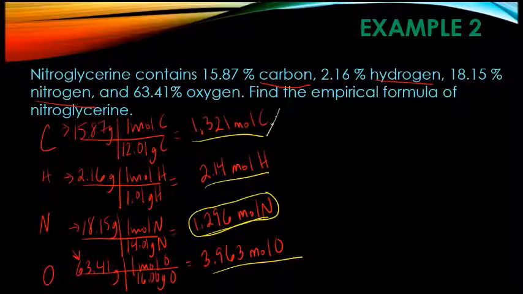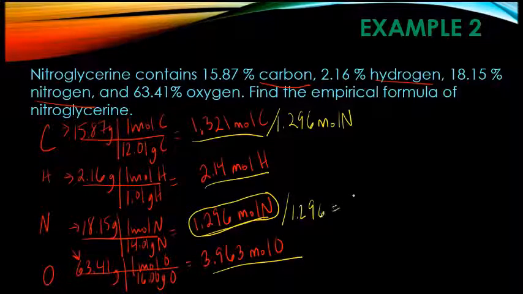So I'm going to divide every single one of these by the nitrogen mole amount. So this one obviously, when you divide it, is going to be a whole number of 1. So we divide these out all by the 1.296. Don't really need the N though, they just divide by the smallest mole.